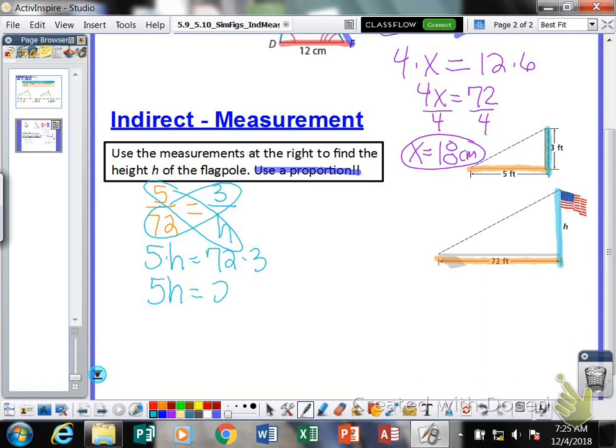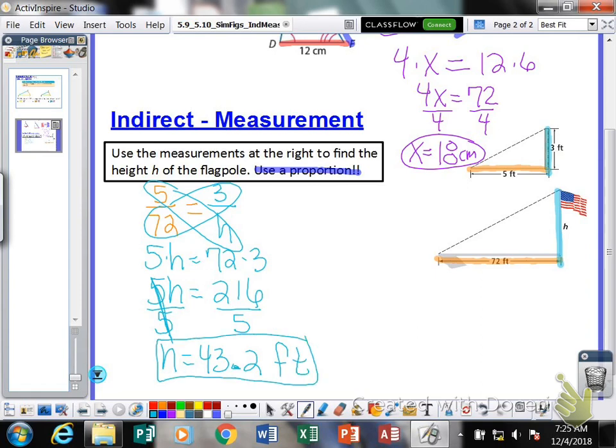Then we divide both sides by 5 because we want to get the h alone, and we get h is equal to 43.2. Don't forget to label feet. It's feet in this one. So please make sure that you label. It's very important that you label and set up a proportion. This is from a previous lesson, and that's how we solve for an unknown side.